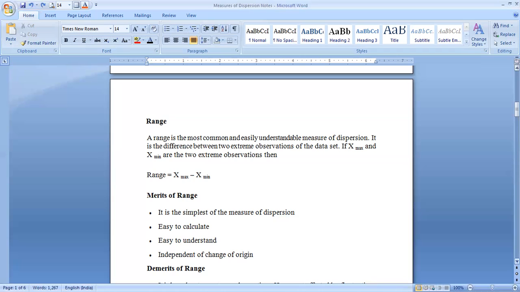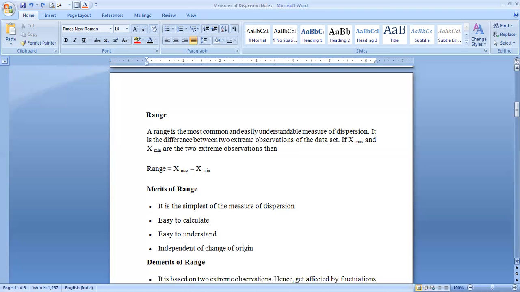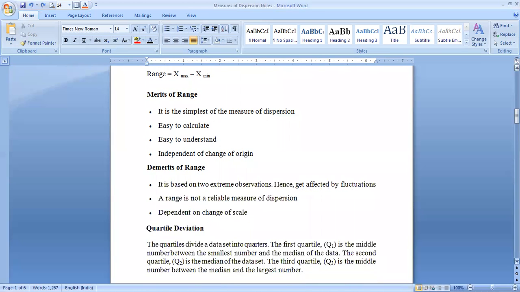So these are the four merits of the range. In other words, it is very easy to calculate and easily understandable, independent of change of origin, and the simplest of the measures of dispersion. Now next we discuss the demerits of range.